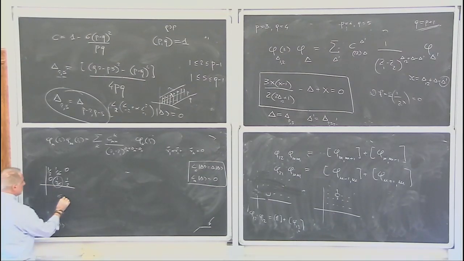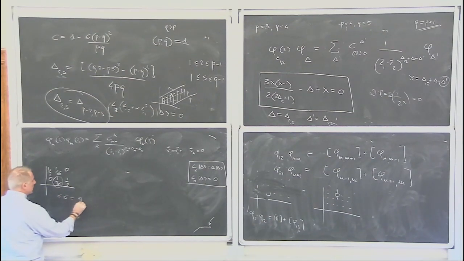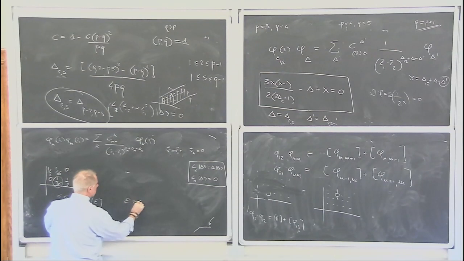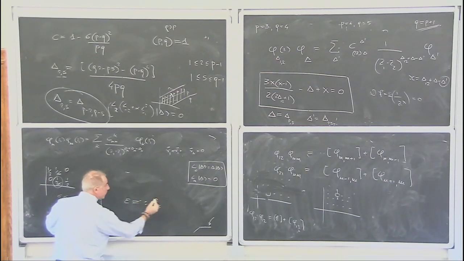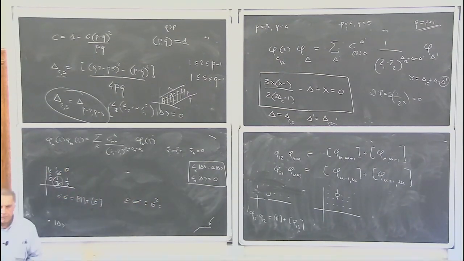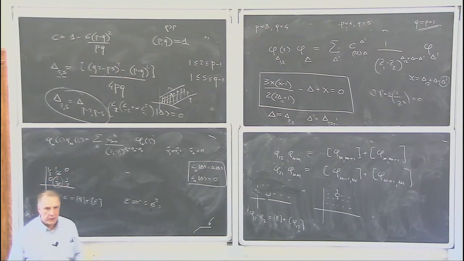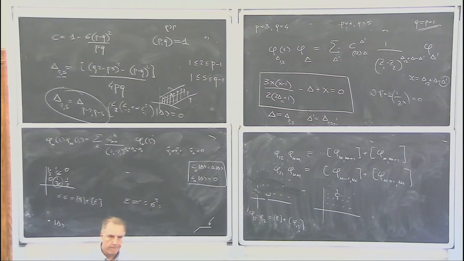What I'm telling you is that sigma times sigma gives these fields which I call epsilon. So in field theory, epsilon is the normal order of sigma squared. This is the algebra of Ising. The energy in Ising is the square of the magnetization. Square in field theory language means normal order.